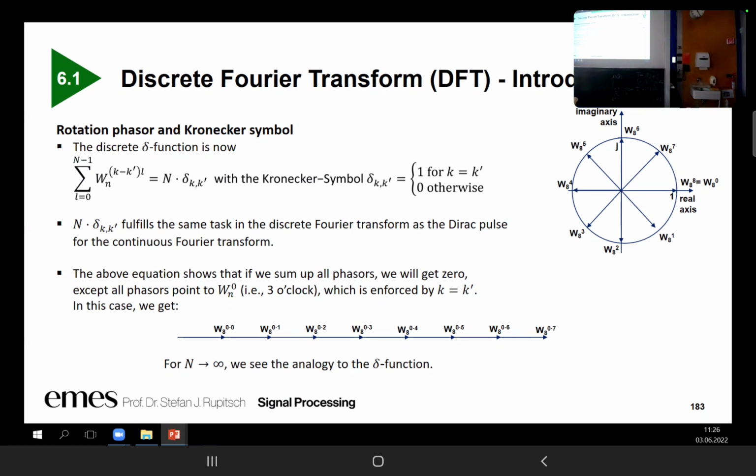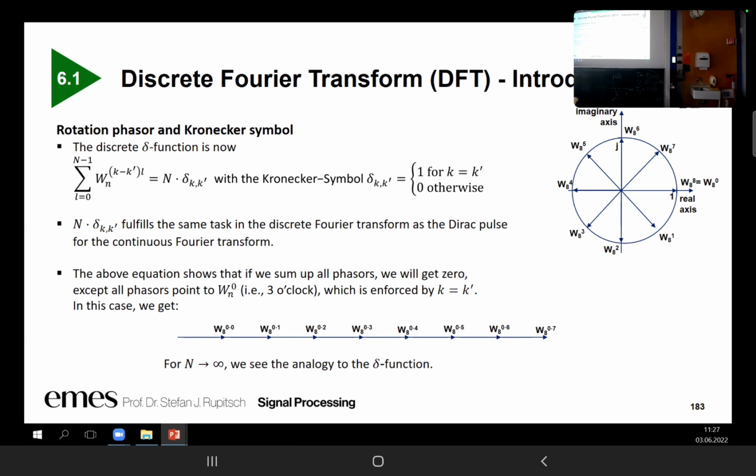The point concerning sampling the phasor: if we have sinusoidal signals and we do not fulfill the Nyquist criterion, then our phasor will move more than once between samples. In the case of Nyquist, we have two sampling points of our phasor, this one and this one.